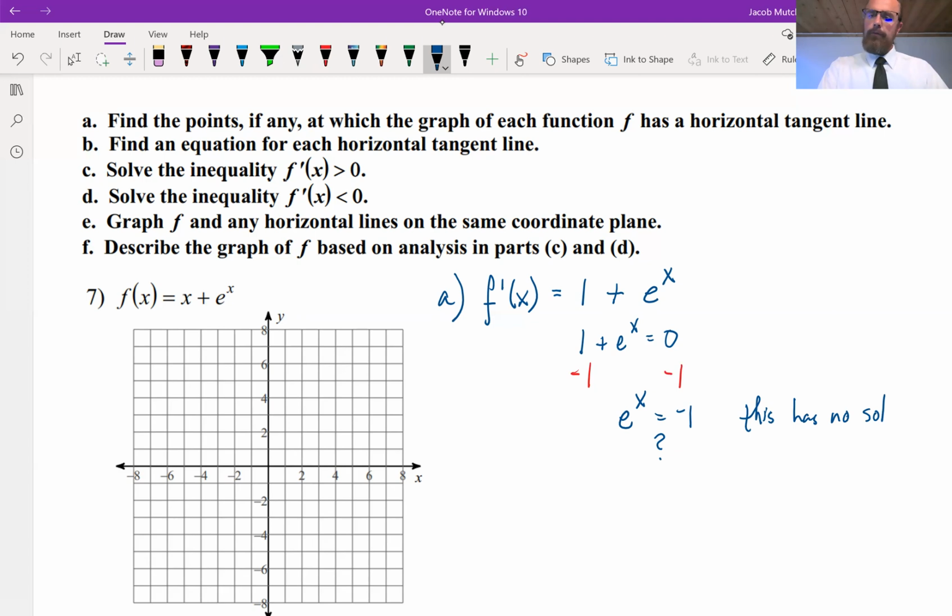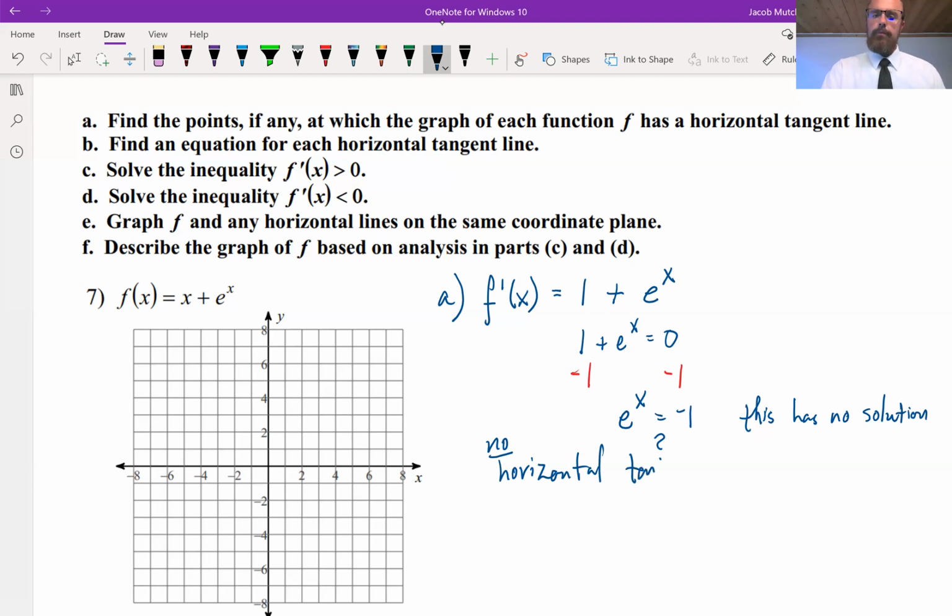And so what we're forced to do really for this whole question is to say this whole function has no horizontal tangent lines. No horizontal tangent lines.